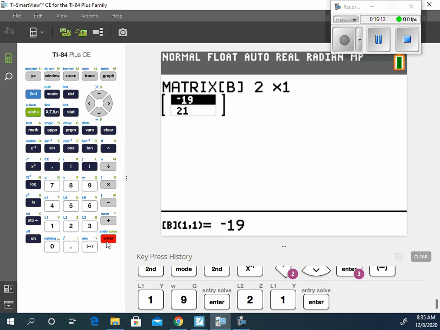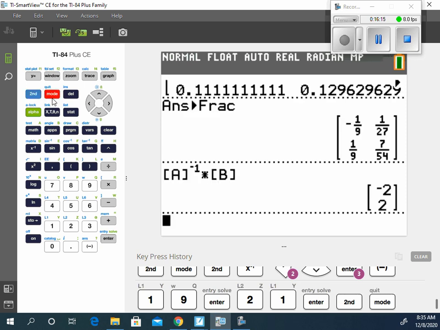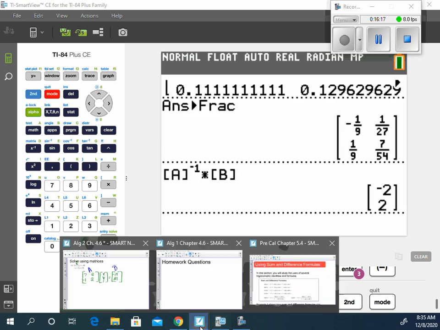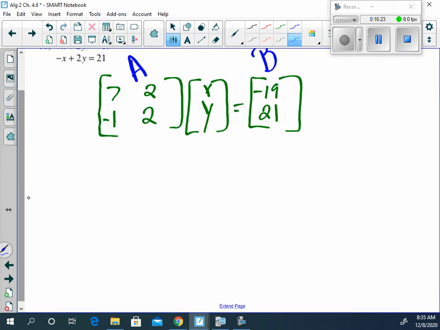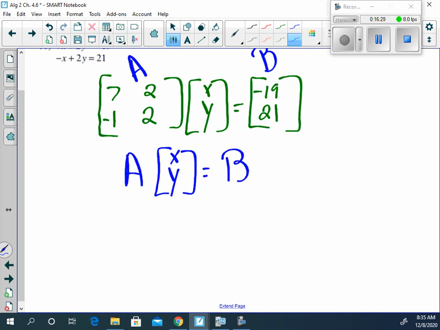And now at this point here, we can go second, quit. So I'm going to look back over at the slides here. As we work this through, I'm just going to rewrite it as A times our xy is equal to our matrix B. Well, what are we going to do to both sides?